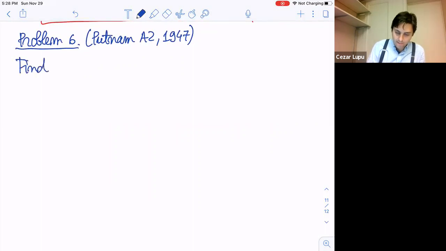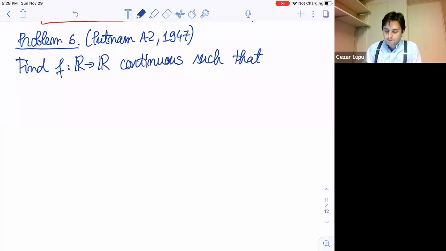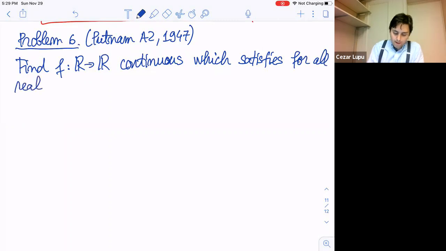Find the functions f defined on R and real valued, which are continuous, such that, for all real x and y, the functional equation is satisfied.